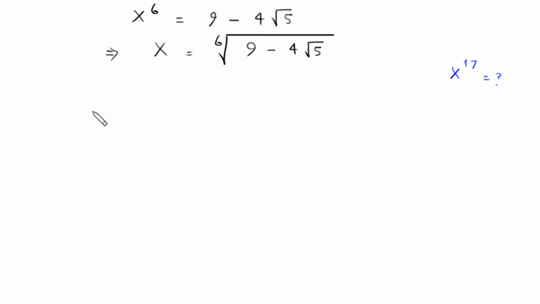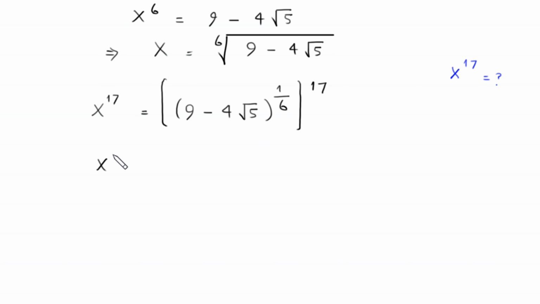We write this radical expression in exponential form: x to the power 17 is equal to (9 minus 4 times root 5) whole to the power 1 over 6, and we take power 17. This becomes x to the power 17 equal to (9 minus 4 times root 5) to the power 1 over 6 times 17, which is 17 over 6.